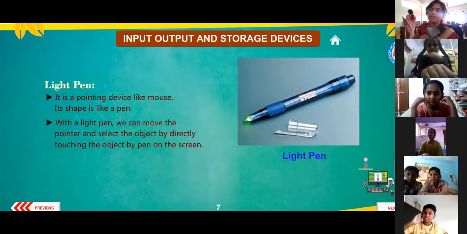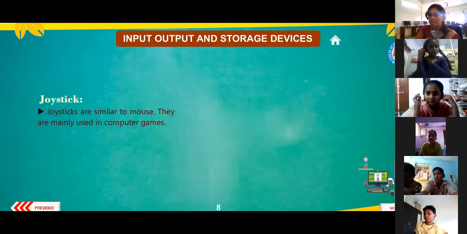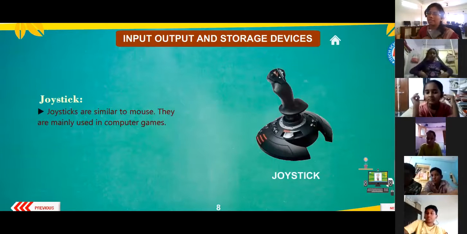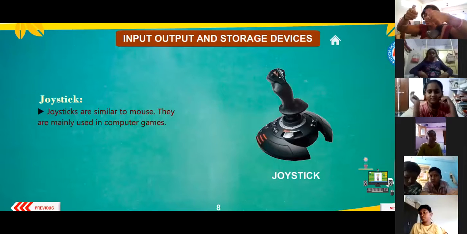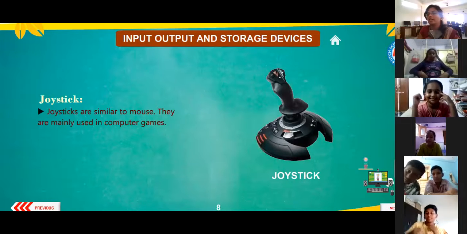So these kinds of pens are used for mouse pointing and the like. Now comes the joystick. Joysticks are famously used for games. We have these normal joysticks which we use for gaming and for remote control cars.